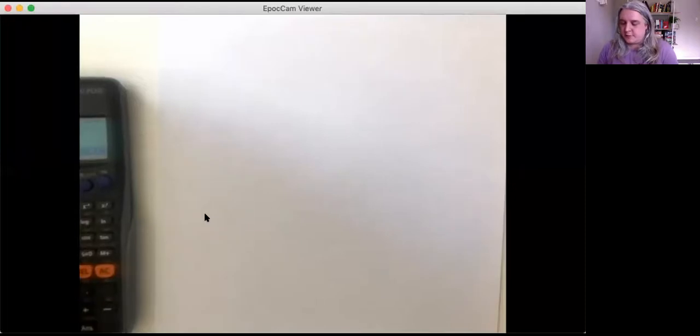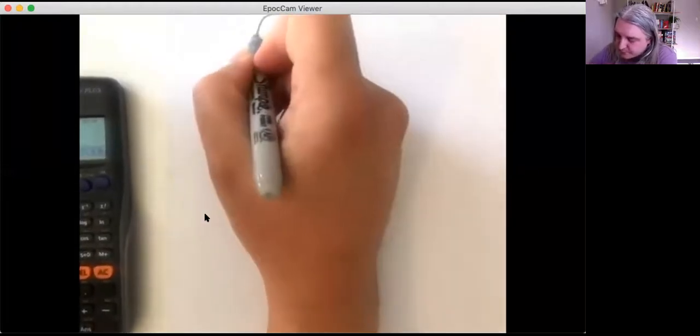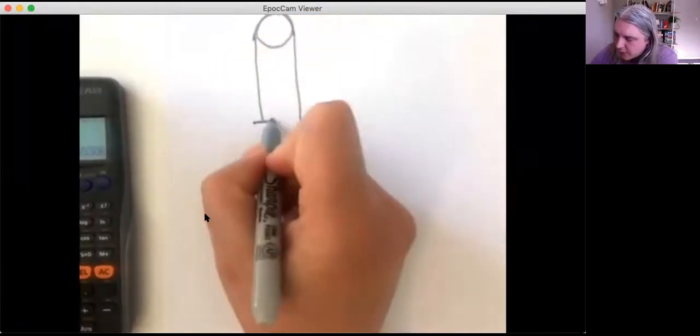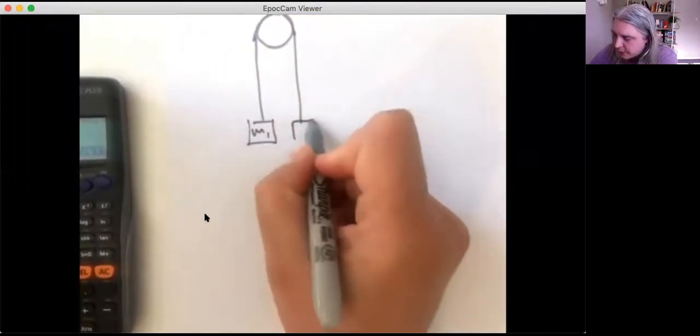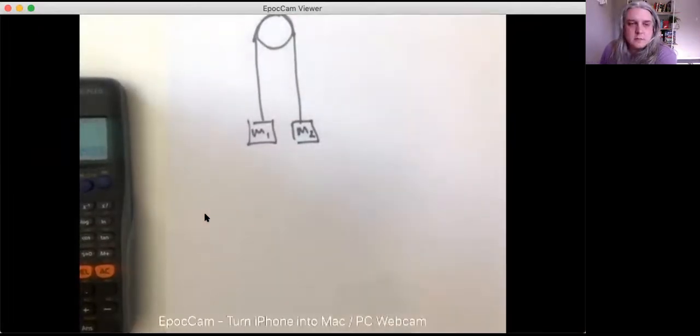All right, first of all, our diagram. This may not have been perfectly clear to you from the description because you may not have seen one before, but essentially it's just a pulley and we've got a string that goes over the pulley. One end is connected to mass M1 and one is connected to mass M2. We then let the objects go and we want to know what the acceleration is.